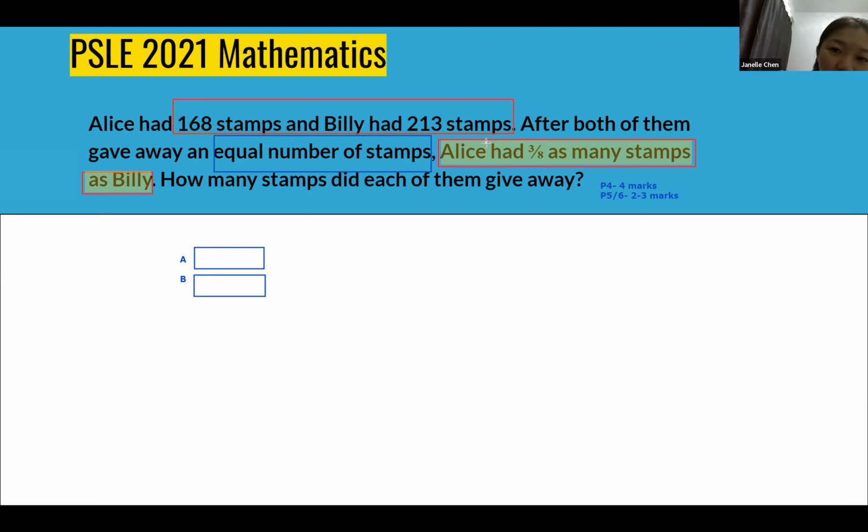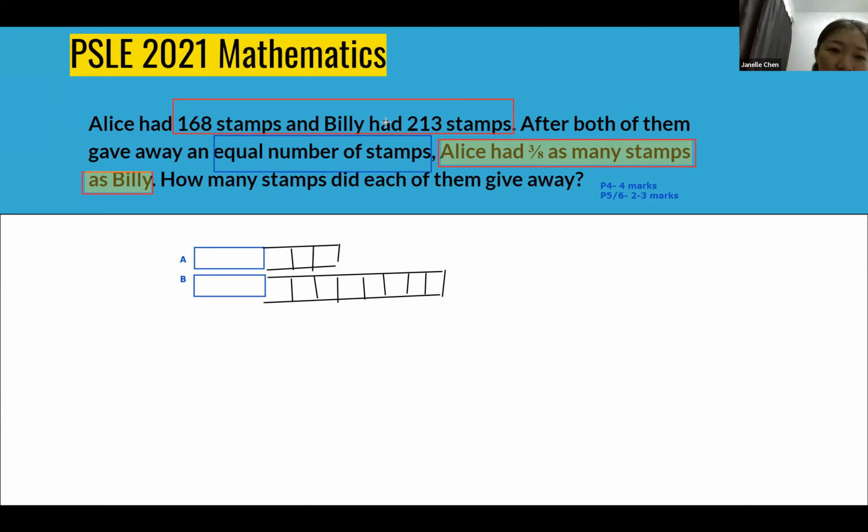Yes. So for here, if I'm actually drawing like that, then I have 3 units. Pardon the not so neat drawing. So we have something like that. 1, 2, 3, 4, 5, 6, 7. Okay, so we have 8 for Billy and then 3 units for Alice.